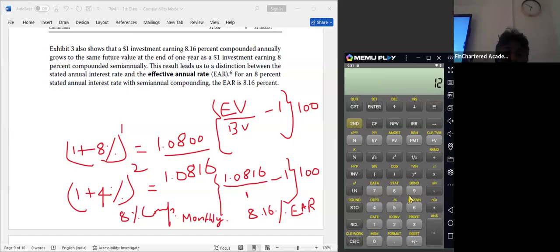I should take the whole to the power 12, right? Yes. And then this becomes the ending value now. Ending value divided by beginning value, minus 1, into 100. Are you getting this much? 8.29% effective annual rate.